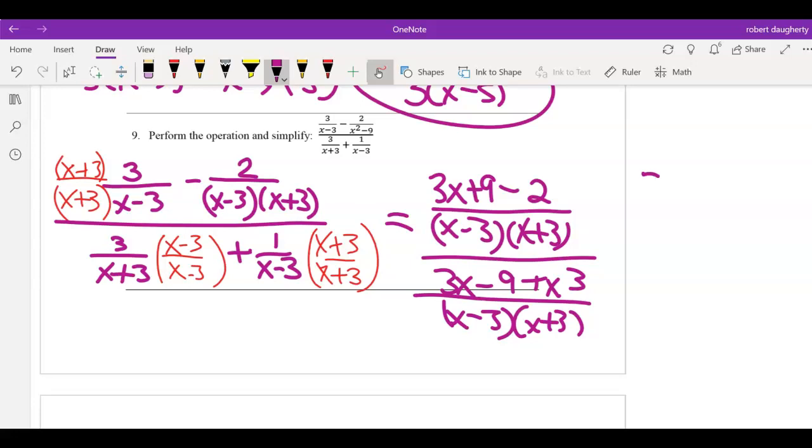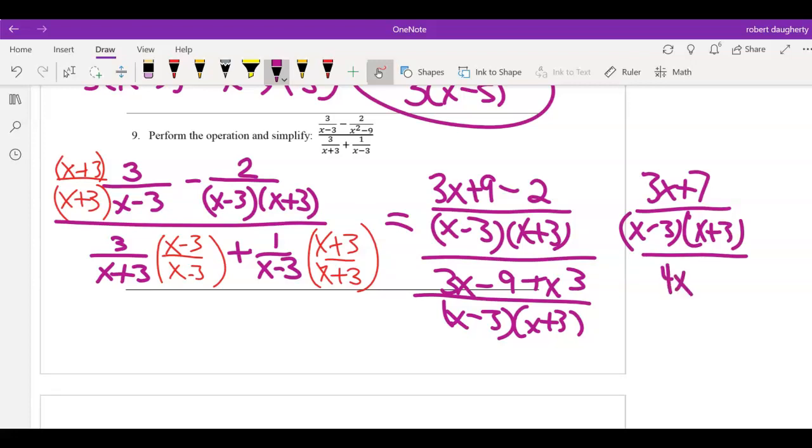So this is 3x plus 7 over x minus 3, x plus 3. And this is 4x minus 6 over x minus 3, x plus 3. So now I have it in the form of fraction divided by fraction.